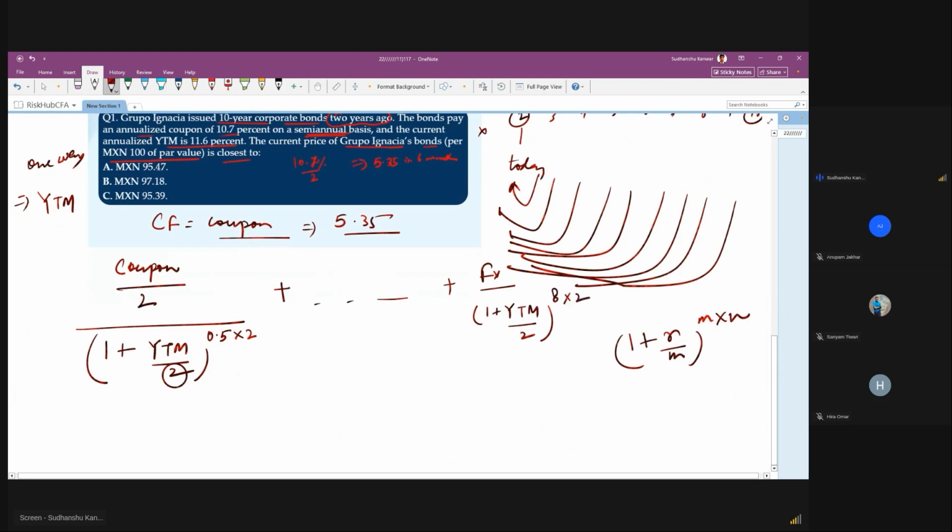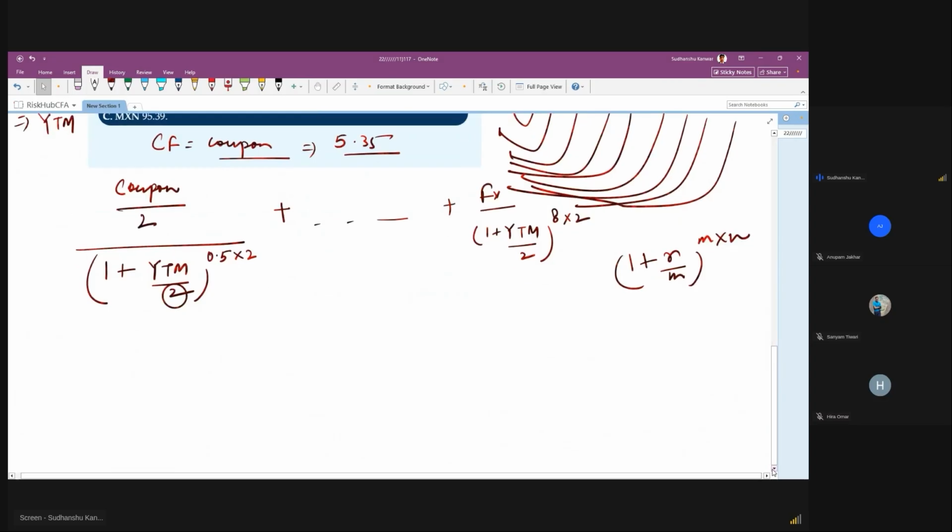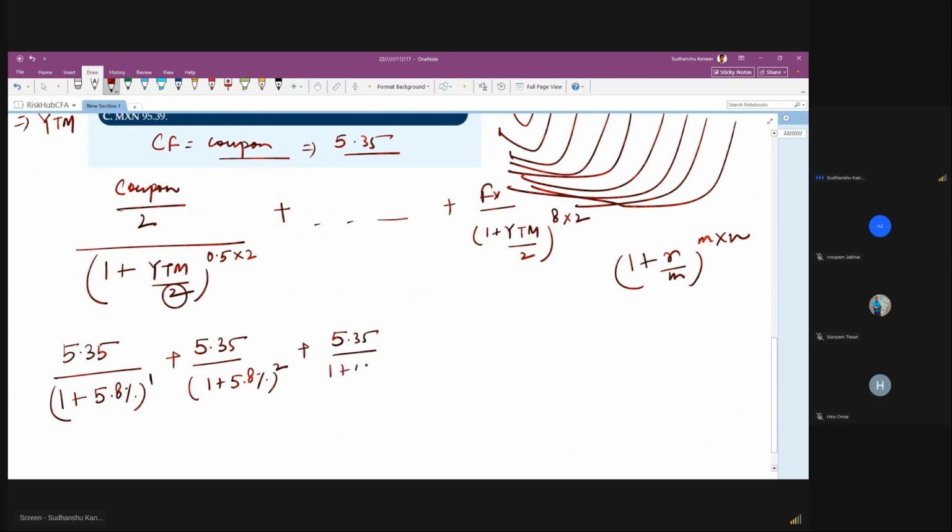So the equation which will come out is: 5.35 over 1 plus 5.8% raised to power 1, plus 5.35 over 1 plus 5.8% squared, plus 5.35 over 1 plus 5.8% raised to power 3, plus 5.35 over 1 plus 5.8% raised to power 4, and similarly I'll go till the last one.